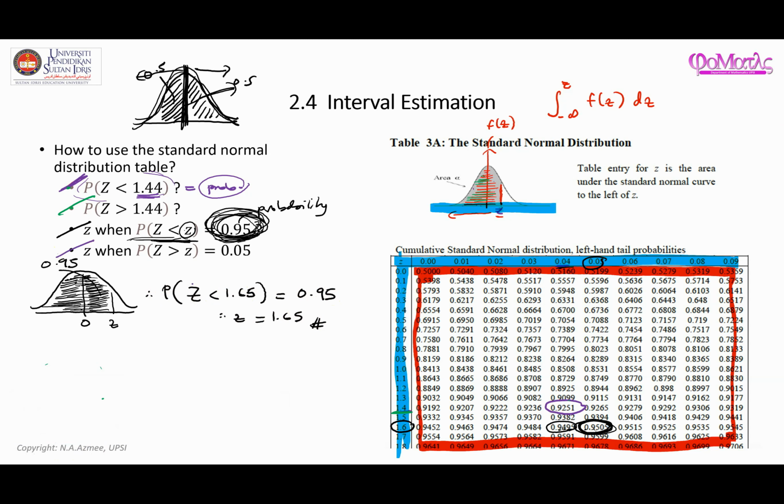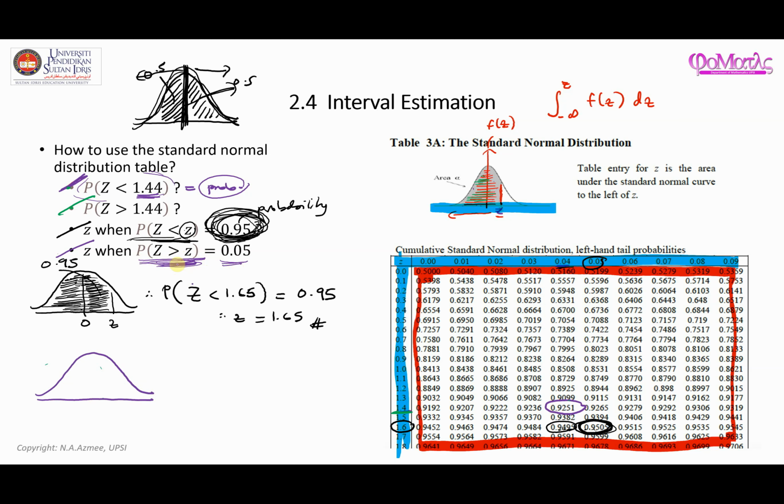So last example, what is the probability of z greater than z is equal to 0.05. So we know that this is the area to the right.